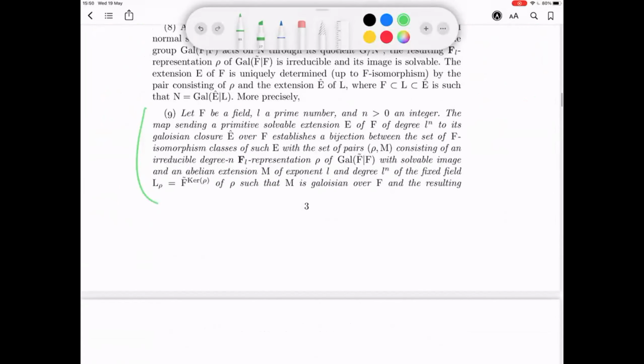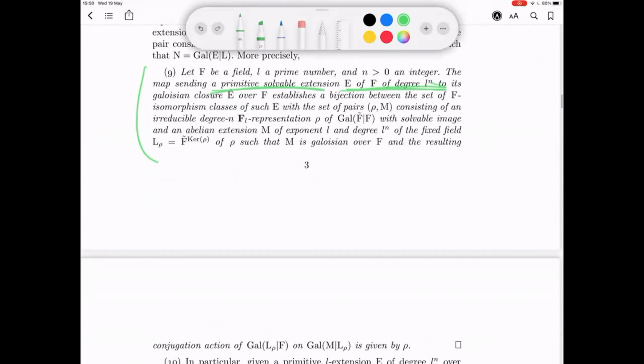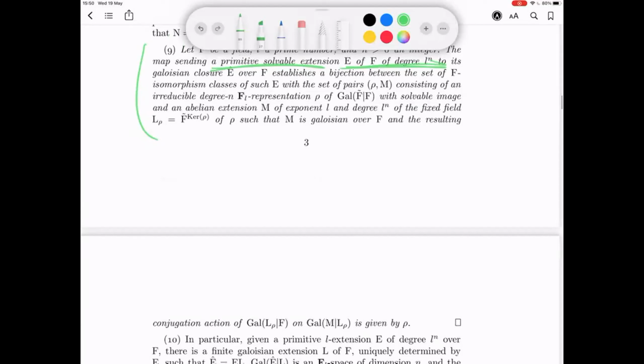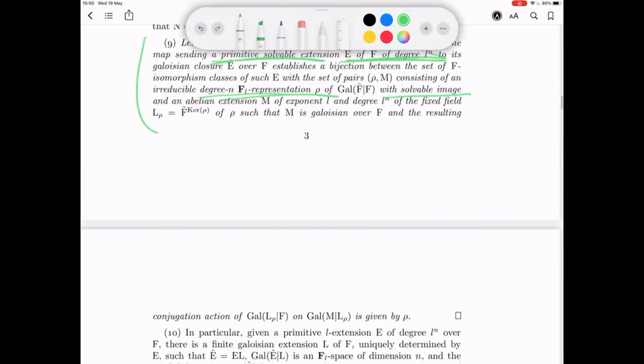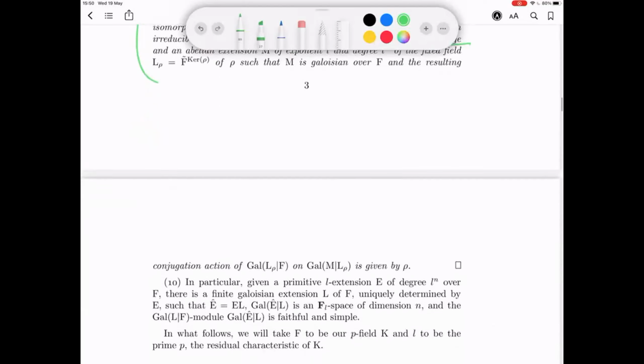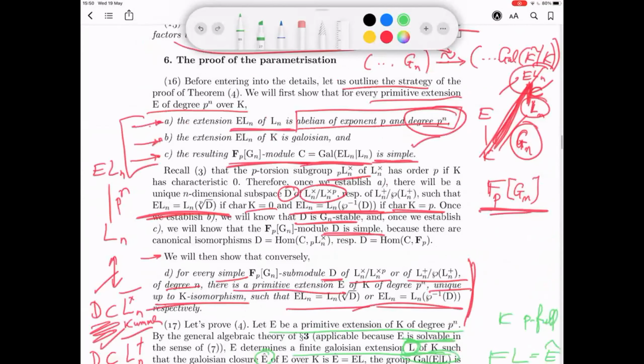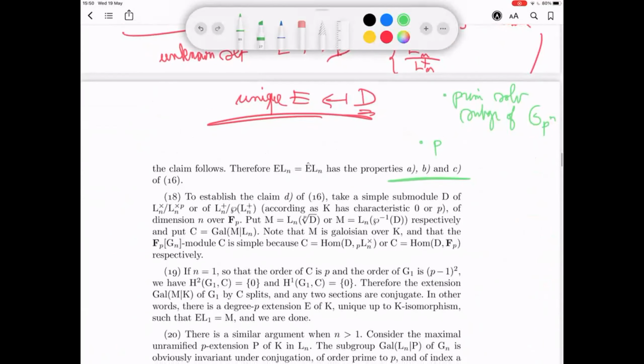So primitive soluble extensions of degree p to the n, it's called L to the n here. They correspond to pairs consisting of a degree n F_p representation rho with soluble image, and something else. So this is what is needed.